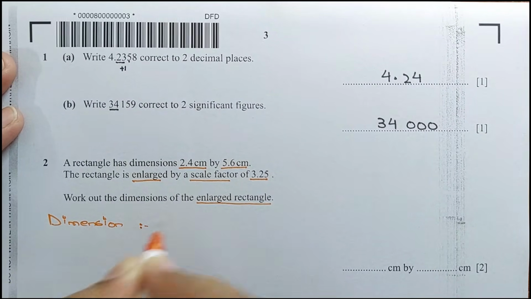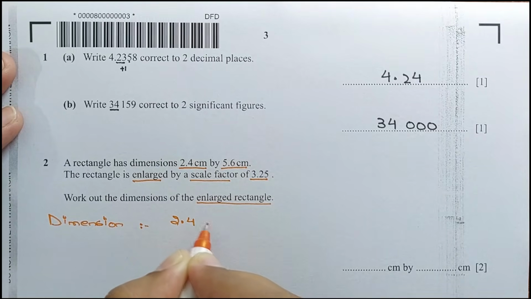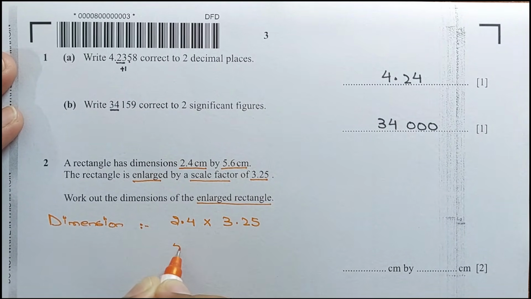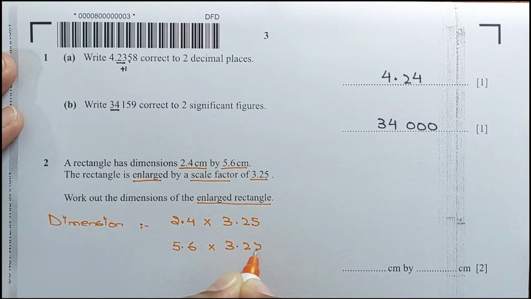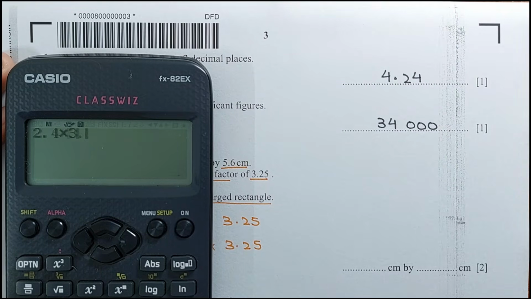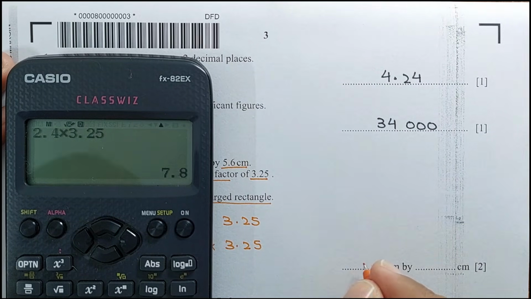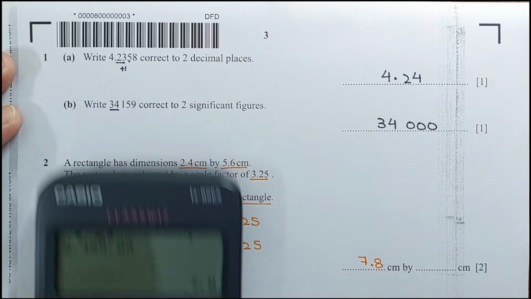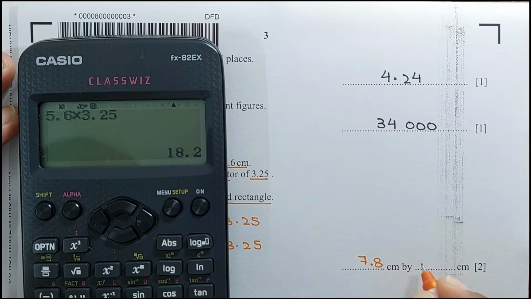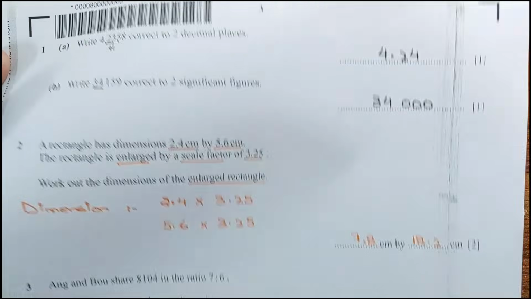We have been given two dimensions. 2.4 is multiplied by the scale factor 3.25, and the other dimension 5.6 is multiplied by the scale factor 3.25. Simplify. We have 2.4 times 3.25, that is 7.8 centimeters, by 5.6 times 3.25, that is 18.2 centimeters.